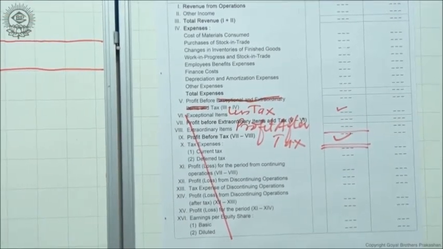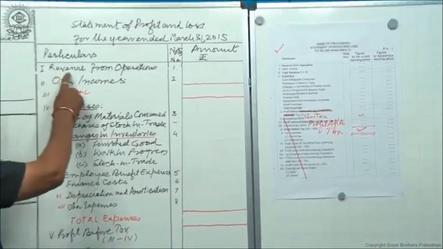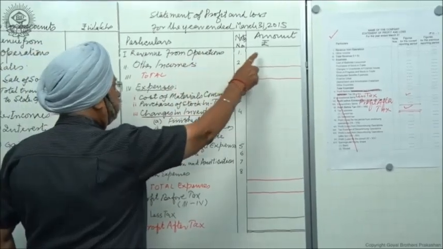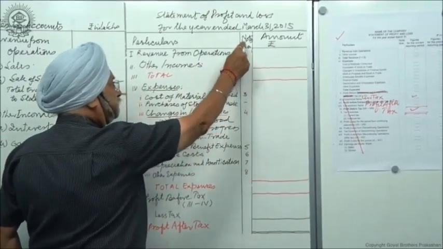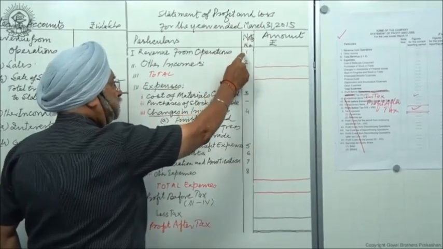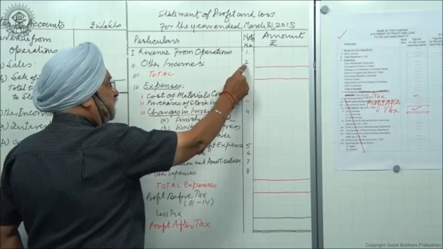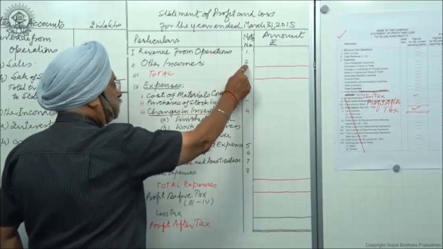So let me tell you one thing more. Each item, revenue from operations, will have only one line, and if anybody wants detail, there is notes to accounts number 1. Other incomes, if you want to know the detail, go to notes to accounts number 2.